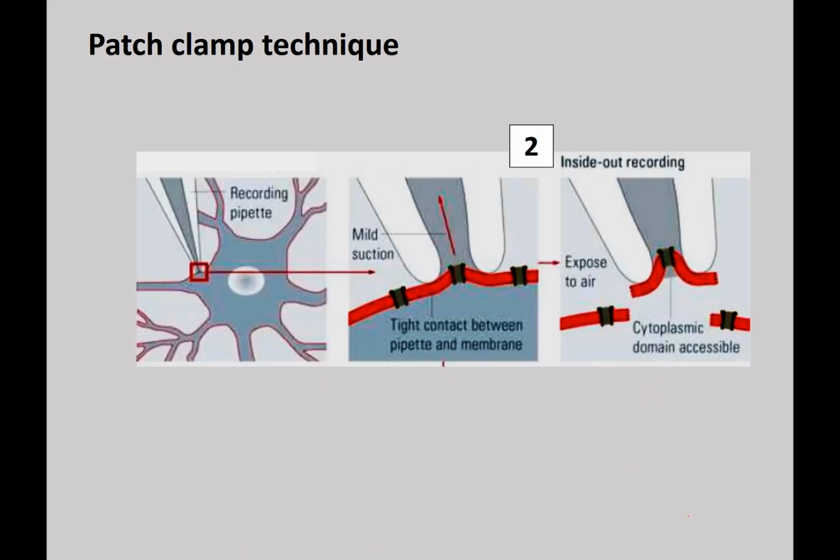If you want to look at specific channels, there are 2 different techniques. The inside-out recording allows you to manipulate or add your drug or your solution to the cytoplasmic side of the channel.